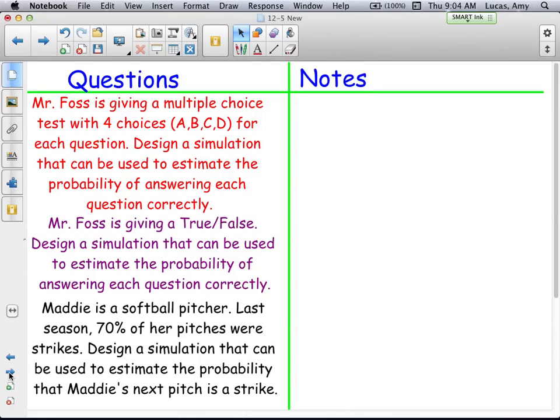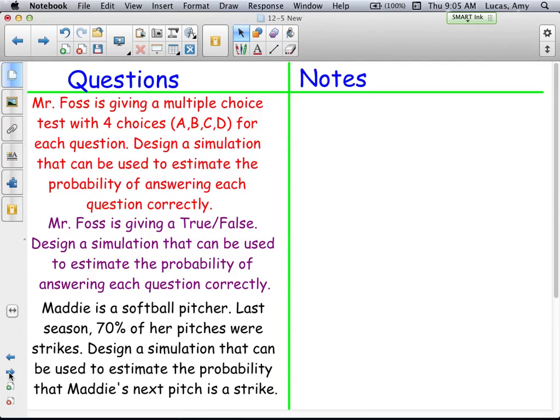So I said you could use a spinner, coin, dice, marbles, or a random number generator on a calculator. What would make sense for each of these situations? So Mr. Foss is giving a multiple choice test with 4 choices, A, B, C, D, for each question. Design a simulation that can be used to estimate the probability of answering each question correctly.